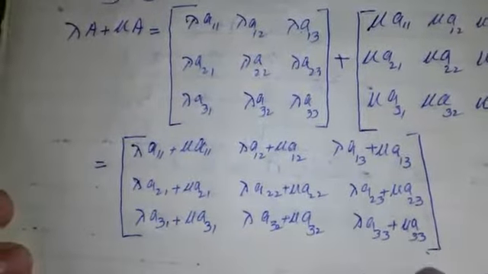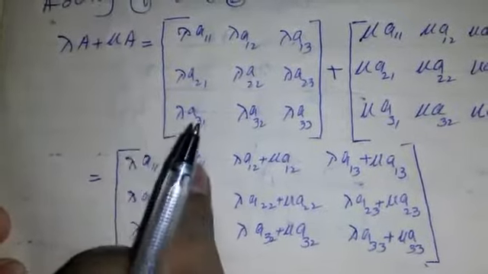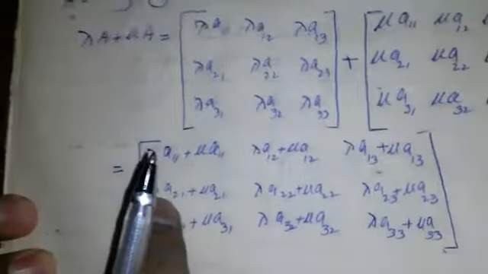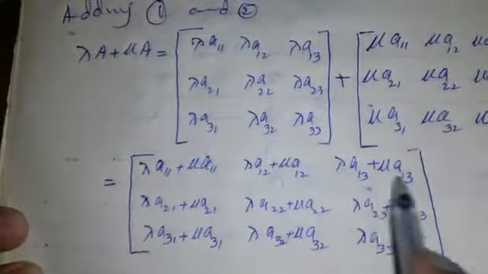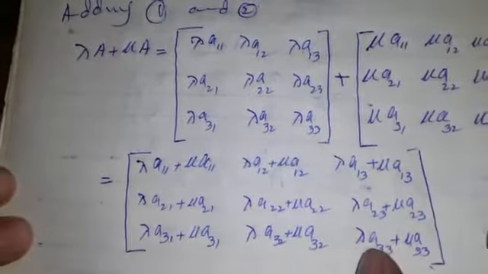Now we see that lambda plus mu is common: in A11 it is common here, similarly in A21, and similarly every term has a common factor, so we take it out.